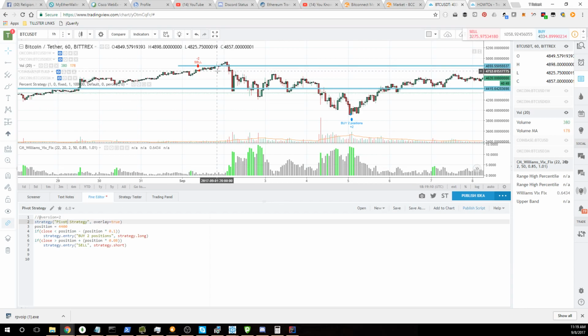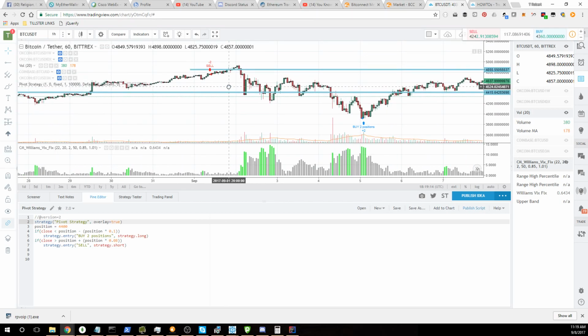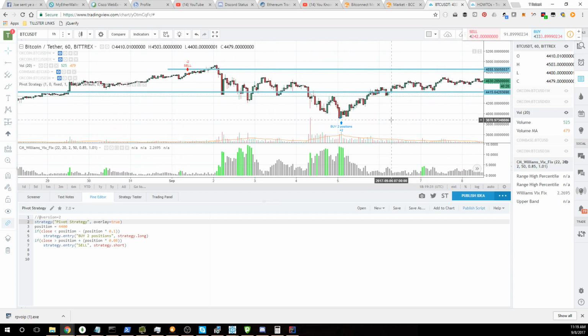What we want to do is take something like the RSI or the MACD and use that indicator to build a signal which informs when it might be a good time to buy or a good time to sell.